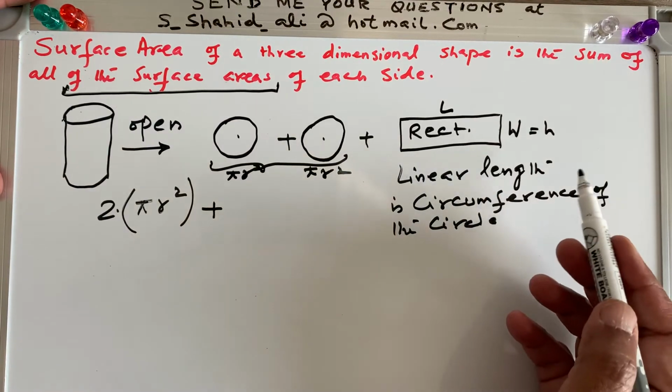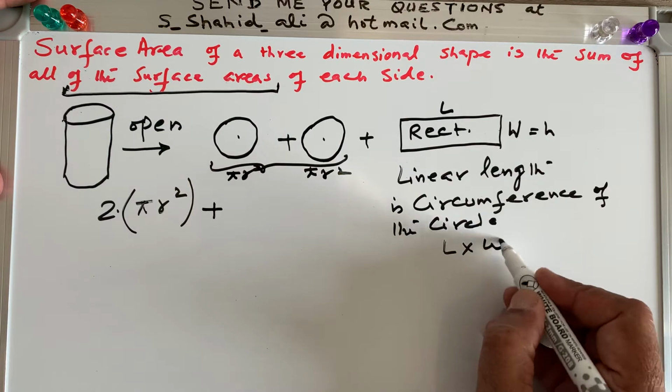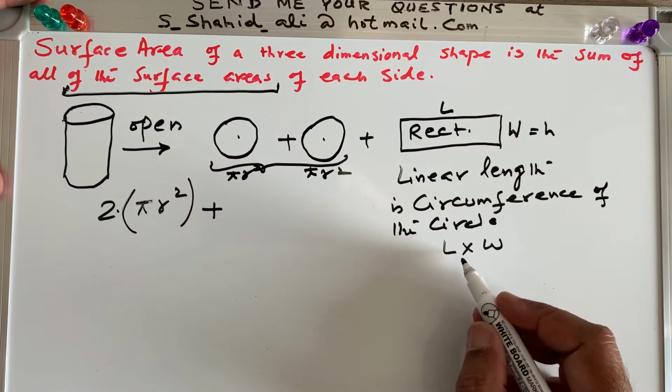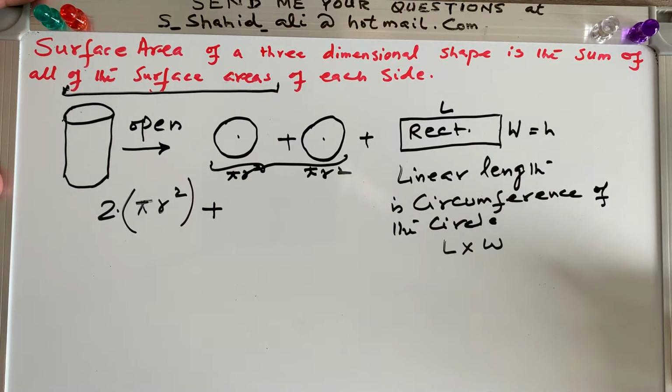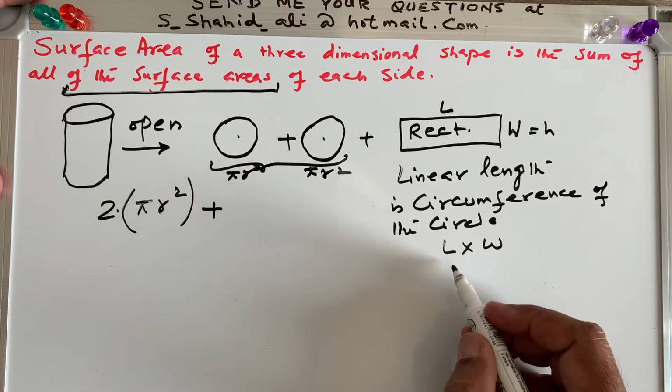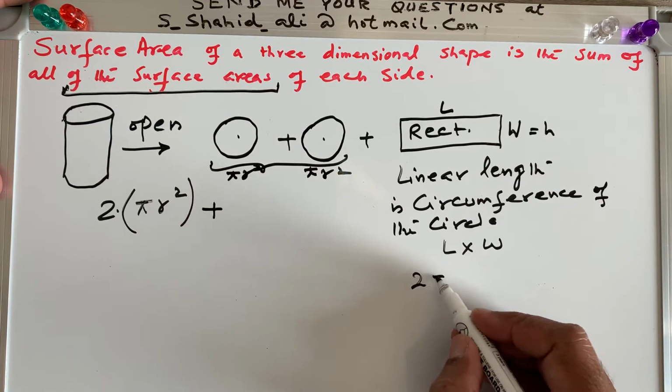And what is 1 rectangle? Here it is length into width, but in my case, because we open up the cylinder and then we have the rectangle shape, my length is the circumference. So what is the circumference formula? 2 pi r.